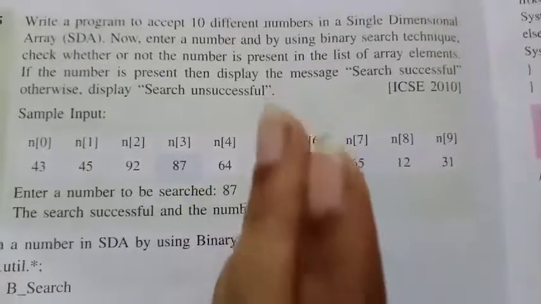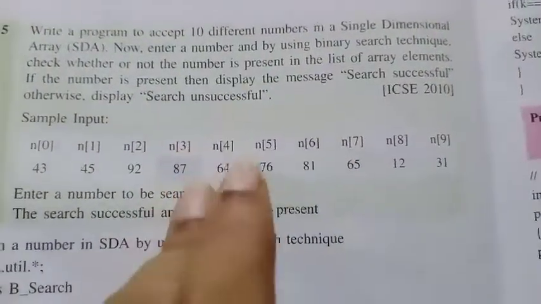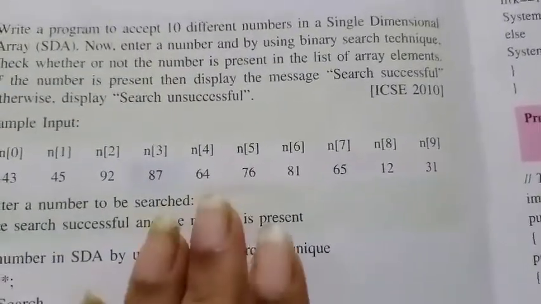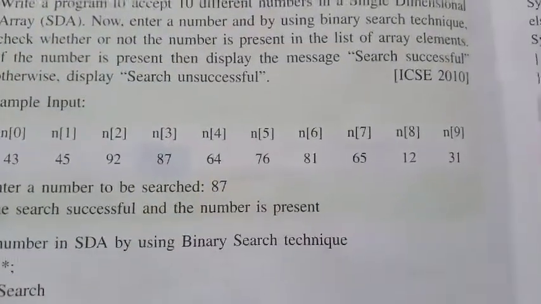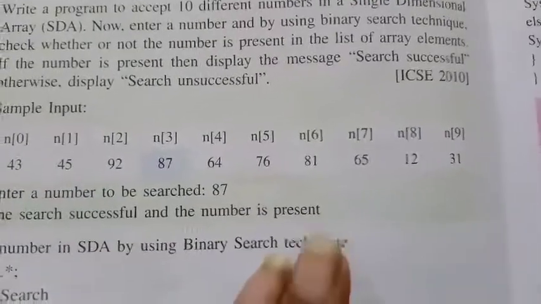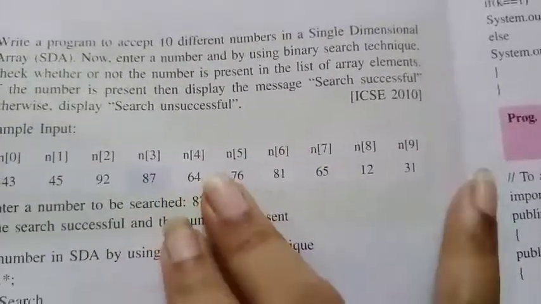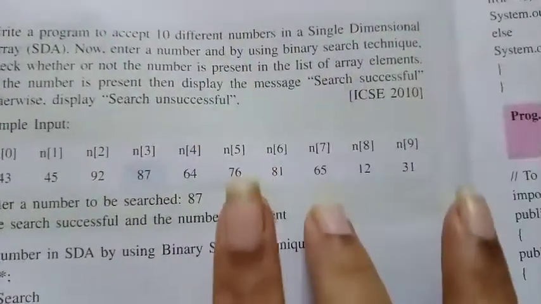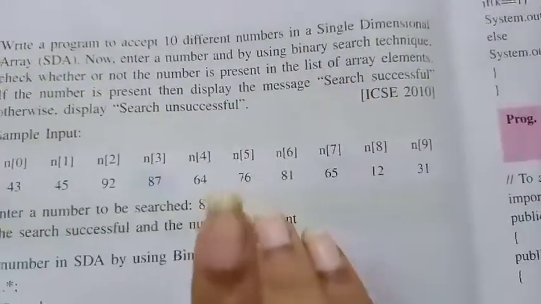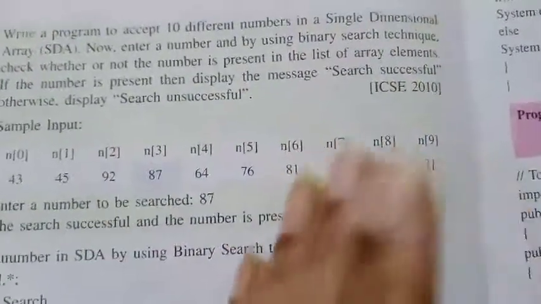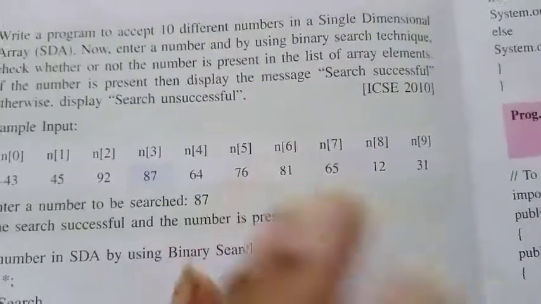Then we are going to compare the element to be searched with the middle element. If the middle element is smaller, we change the upper bound, and if it is greater, we change the lower bound, and we again calculate the middle of that particular bound and compare whether it is smaller or greater.